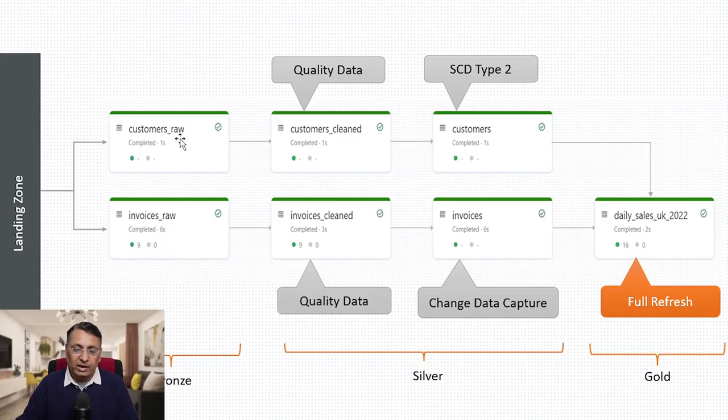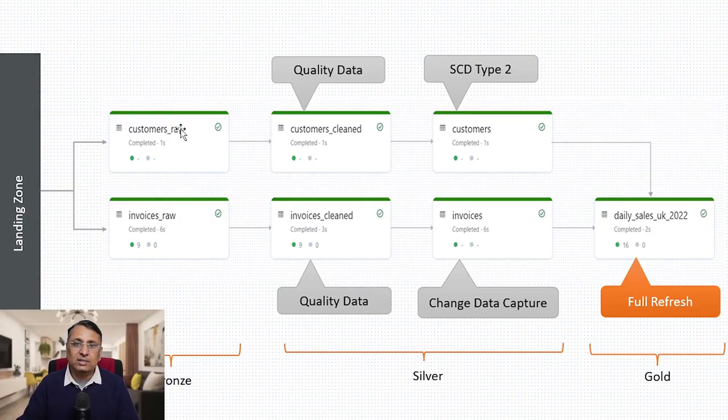Read data from the landing zone and fill it into the customer's raw Delta table. We can use Autoloader to read data from the landing zone. Autoloader is more efficient, so we plan to use Autoloader, but we want to do it using a DLT pipeline. So we will learn how to use Autoloader in a DLT pipeline to read data from the landing zone and fill our bronze layer table.